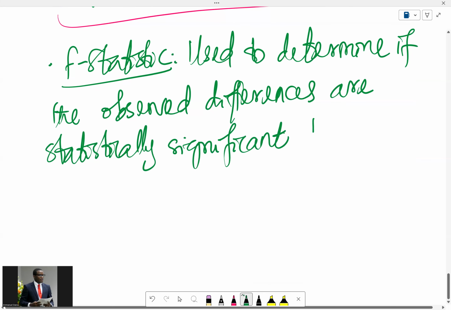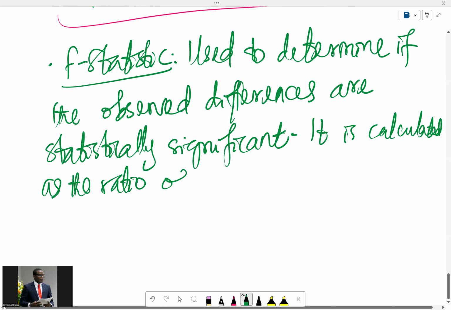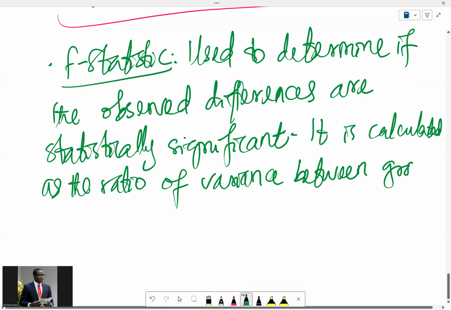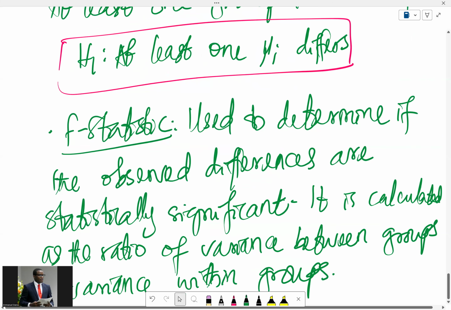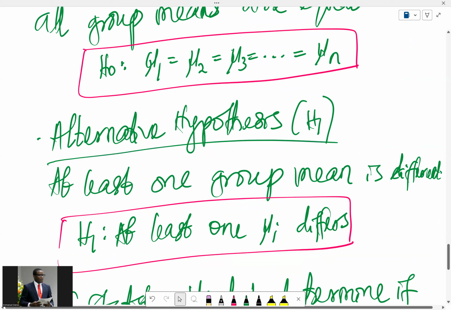It is calculated as the ratio of variance between groups to variance within groups. That is the idea of the F-statistic.